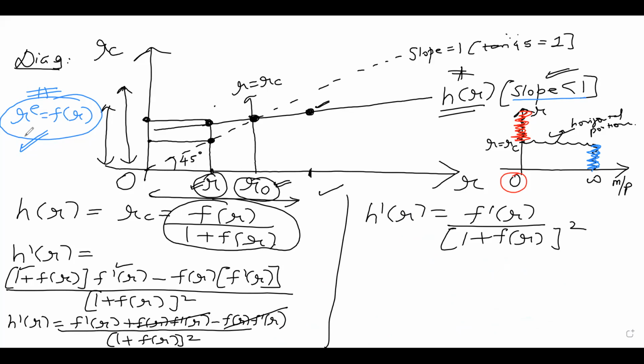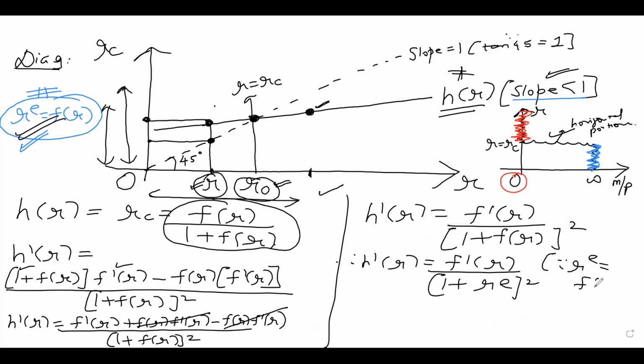And guys, what is F of R? F of R is equal to RE. So I can write H dash R is equal to F dash R upon (1 plus RE) whole square, since RE is nothing but a function of R. Now guys, you can see my denominator is always positive.